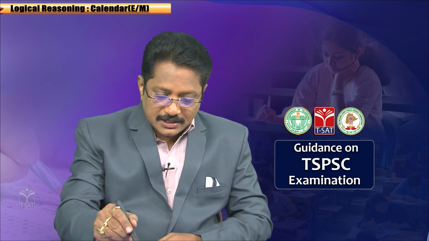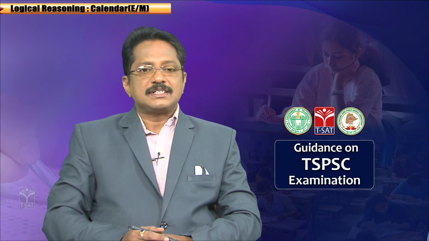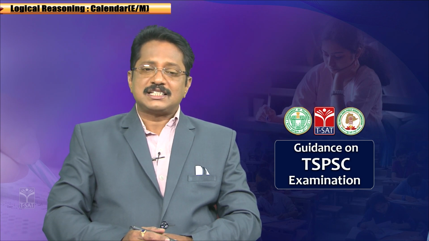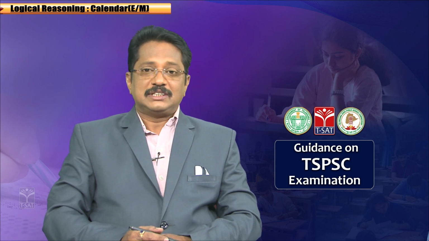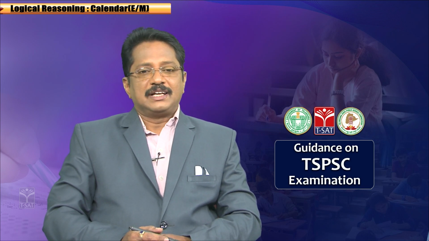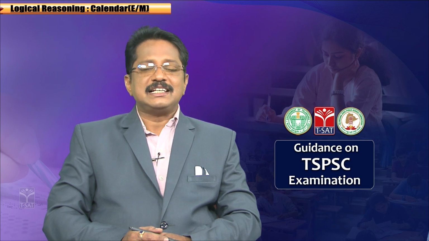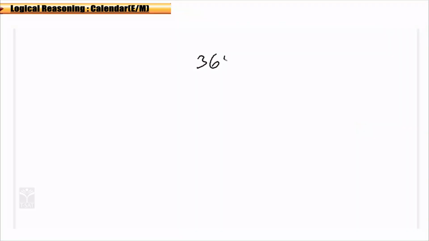There are some doubts in the minds of the people. An ordinary year has 365 days and a leap year 366 days. How does it have 366 days, correct? This kind of idea will come in the minds of the people. Actually, a year is 365 and 1/4 days.